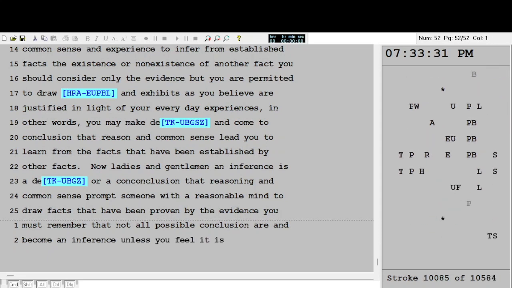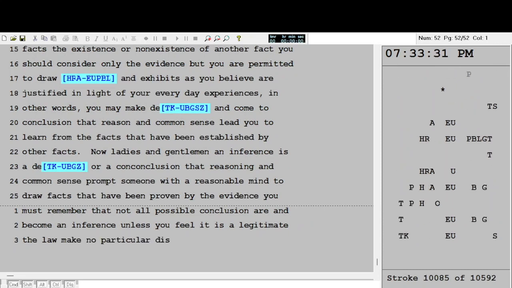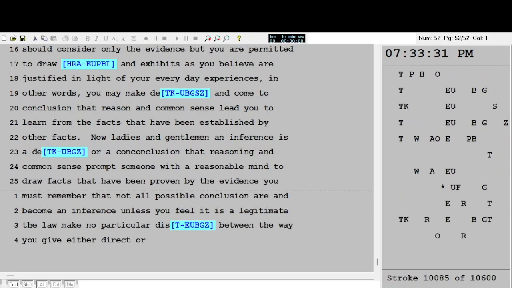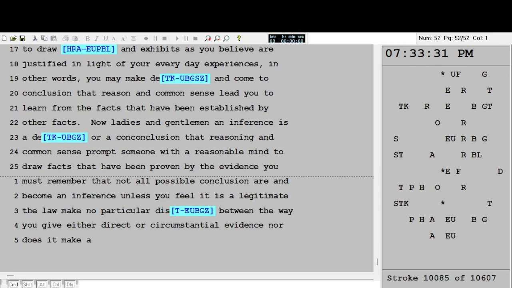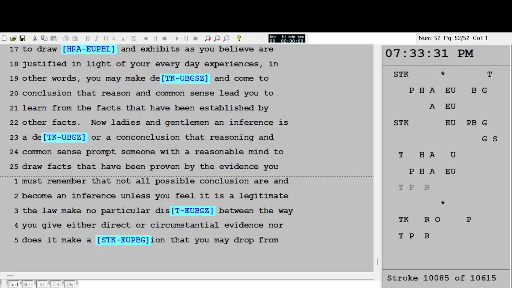The law makes no particular distinction between the weight you give to either direct or circumstantial evidence, nor does it make a distinction between reasonable inferences that you may draw from direct or circumstantial evidence.